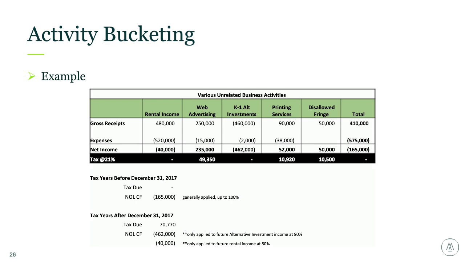Your net operating losses are now separated to follow the activity. The K-1 has a $462,000 NOL, and the rental activity has a $40,000 NOL. And now that loss that was generated is limited to 80% of income. It can't go to zero. That's new.